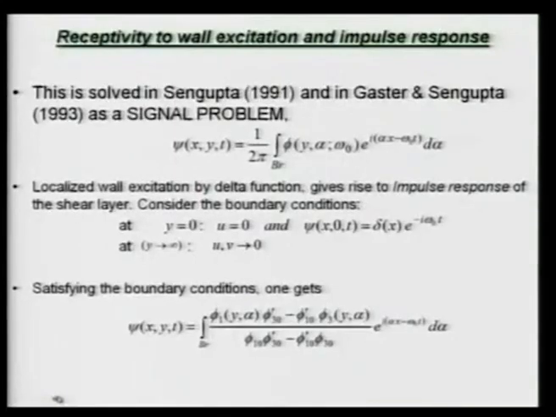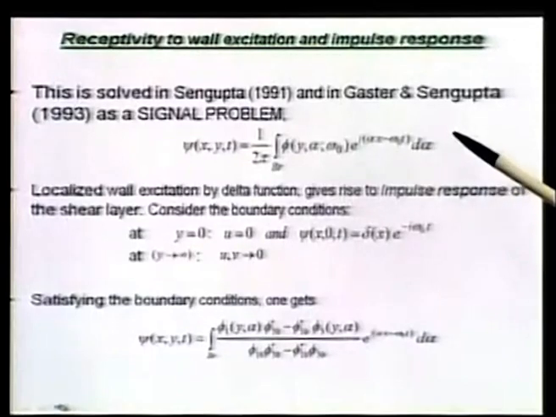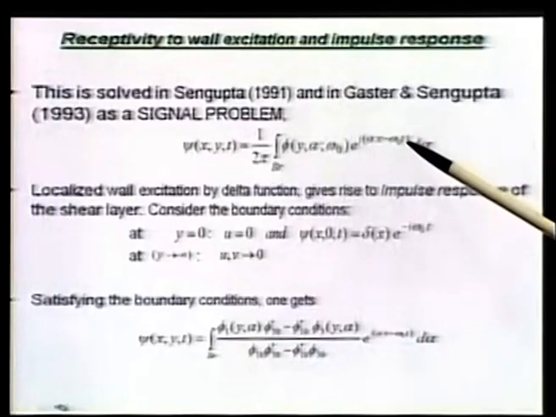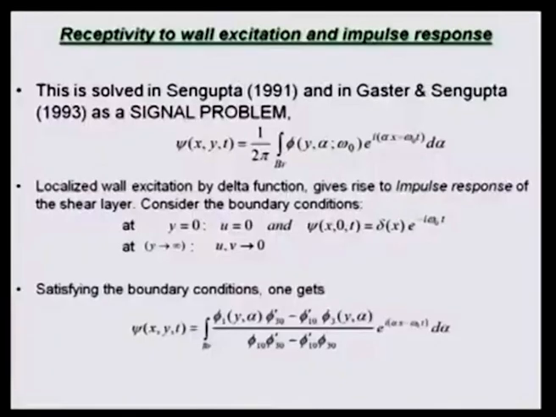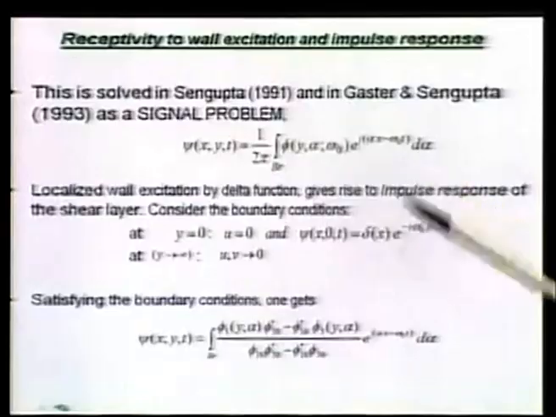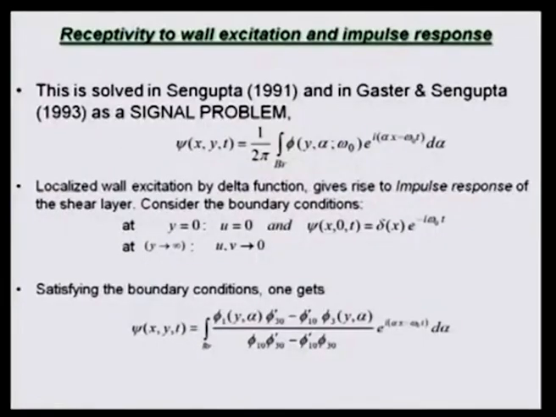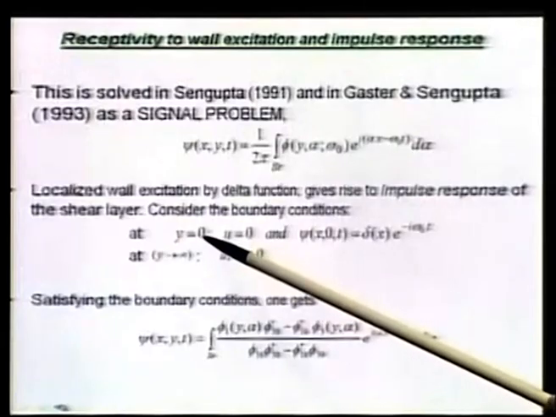So, what we would be talking about, instead of this signal problem, we may actually like to keep omega, and then perform a second integral in the omega plane also. However, for the sake of understanding what happens in the receptivity problem, let us assume that we are talking about a signal problem. And this is the type of our boundary condition.